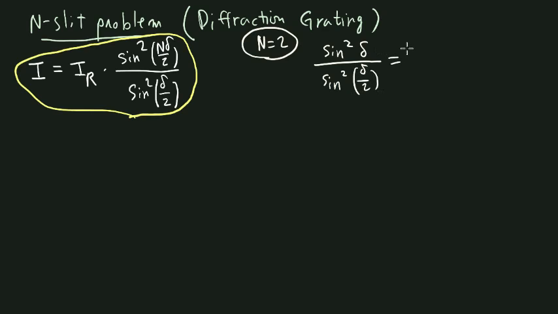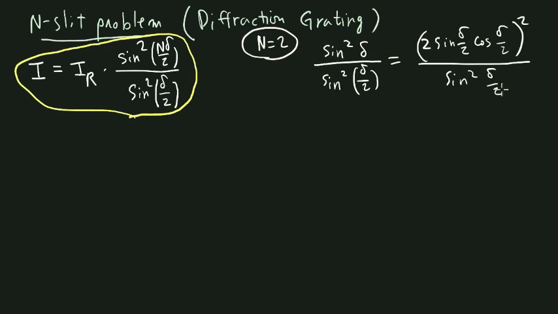But by using a double angle formula for sine, you can write this one as 2 sine delta over 2 cosine delta over 2, squared. And the denominator is sine squared delta over 2. And now you see that this guy and that guy cancel out when it's squared.